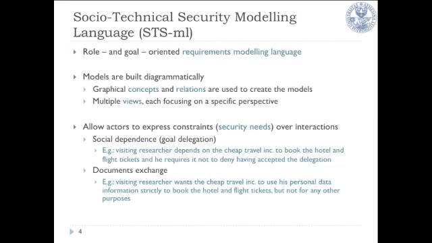On the other hand, information is what we mainly would like to protect and not allow others to manipulate as they like. For instance, when the visiting researcher wants to book a flight or a hotel, he would have to provide the travel agency a copy of his passport, or an ID document that is needed in order for them to book the flight or the hotel.